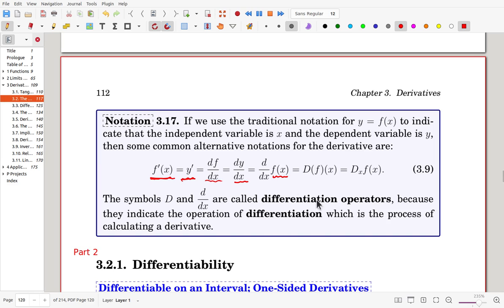And some people use the notation df or D sub x of f. Each notation has its own benefit, so in some situations, some notation is much more convenient than the others. Anyway, here we'll use this and that most frequently, and occasionally we'll use these notations.